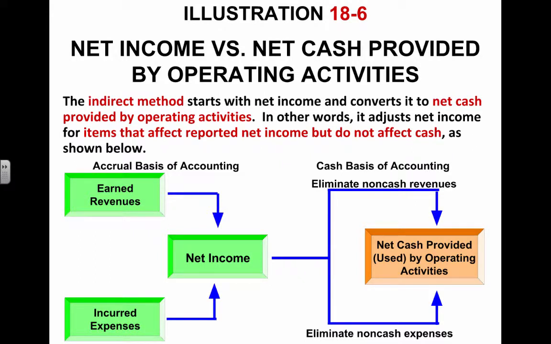So you wouldn't really include the revenues that you haven't received the cash for, and same with expenses. If you haven't paid for them, they shouldn't be. So you're basically adjusting your net income back to what transferred hands in terms of cash. So in other words, it adjusts your net income for items that affect reported net income but do not affect cash. So we're adjusting it from accrual accounting to cash-based accounting.